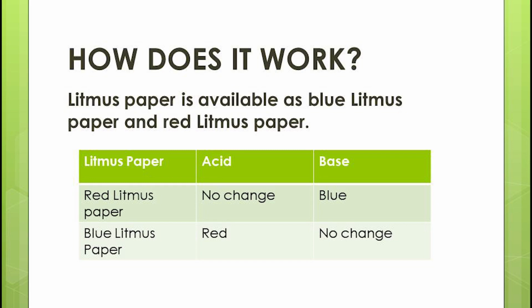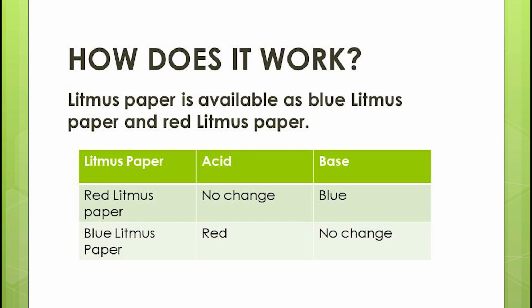If you see on the screen carefully, I have made a table. You can see red litmus paper, blue litmus paper. Now, how do you think these litmus papers will indicate whether the solution is acidic or basic? If you take red litmus paper into an acid, which means if you tear a paper and throw it into a container that contains an acid, it will not change.